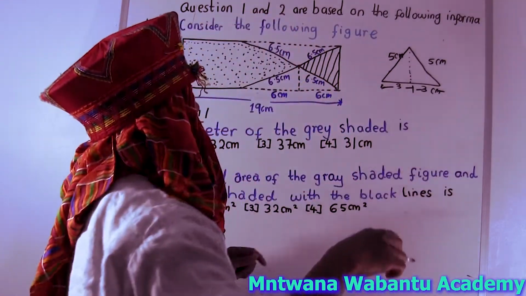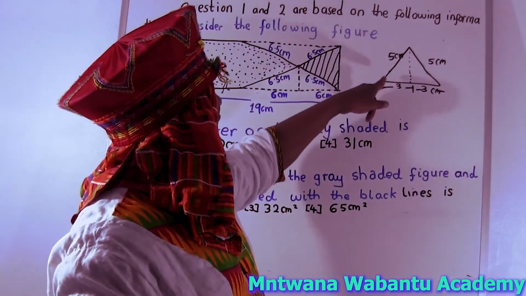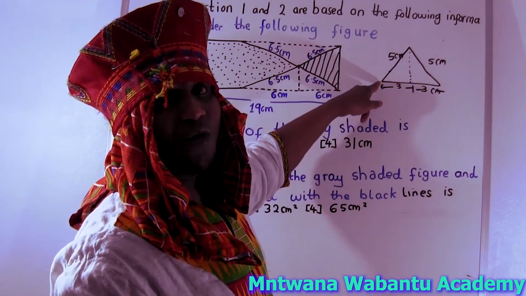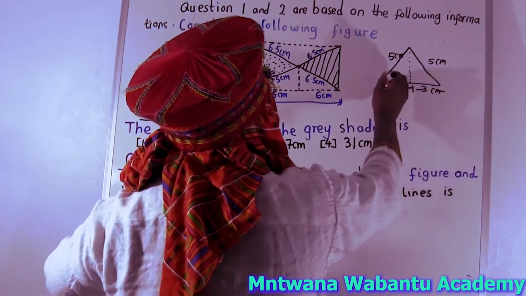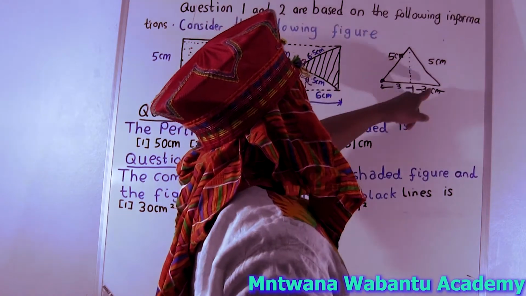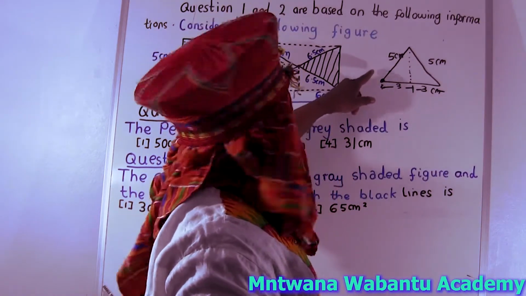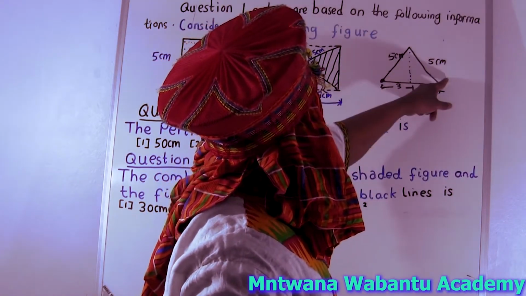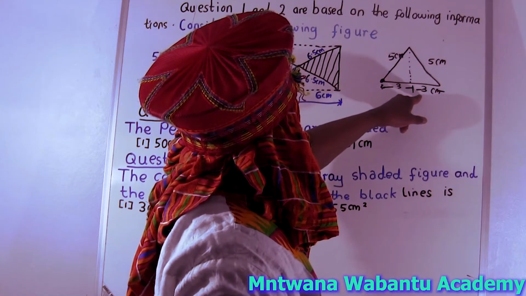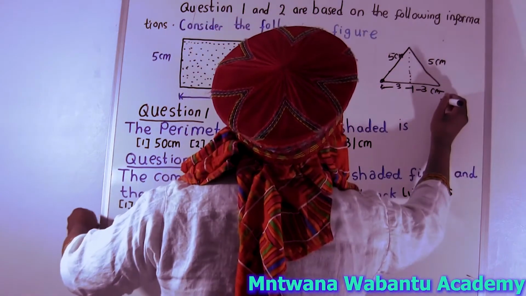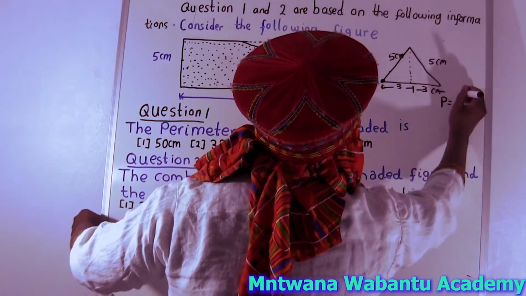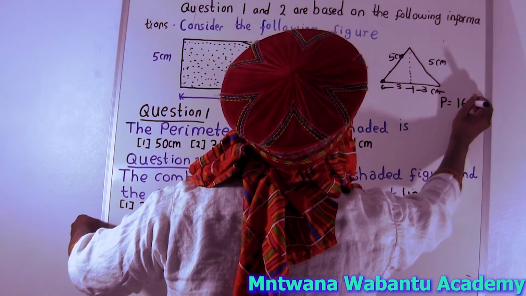When they say perimeter, it means walk around. I start from here and walk around. Perimeter means all the length around the figure. So we go 5 plus 5, 10, plus 3, 13, plus 3, 16. So our perimeter, the total, equals 16 centimeters.